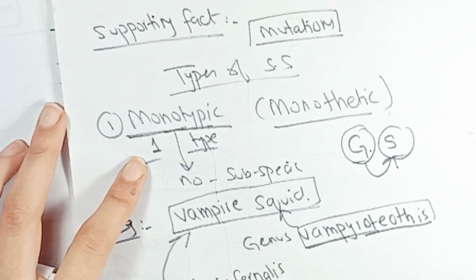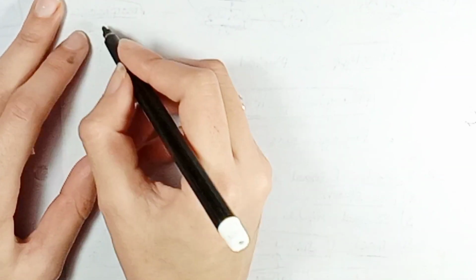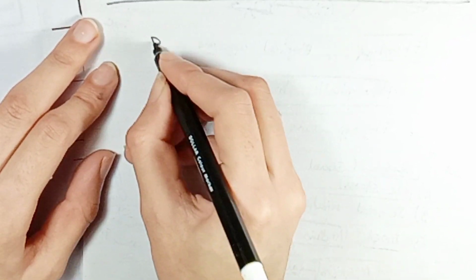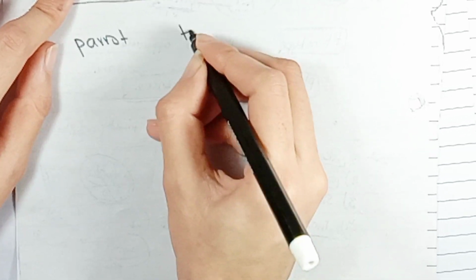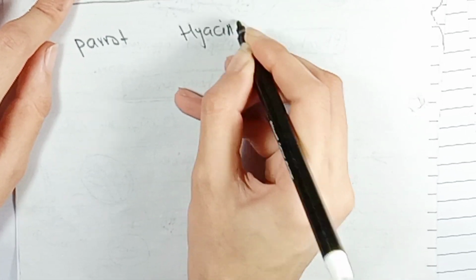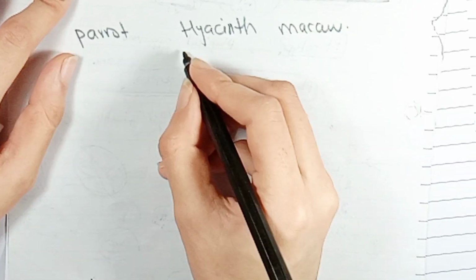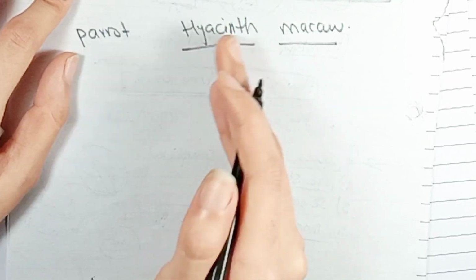Now we will discuss another example of the monotypic species concept. This example is a parrot, named the hyacinth macaw. This is the only parrot of its genus and it is native to South America.